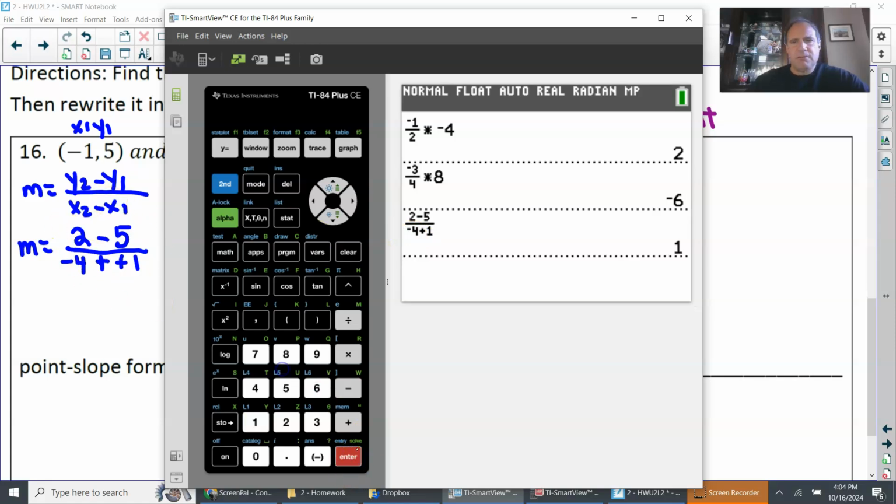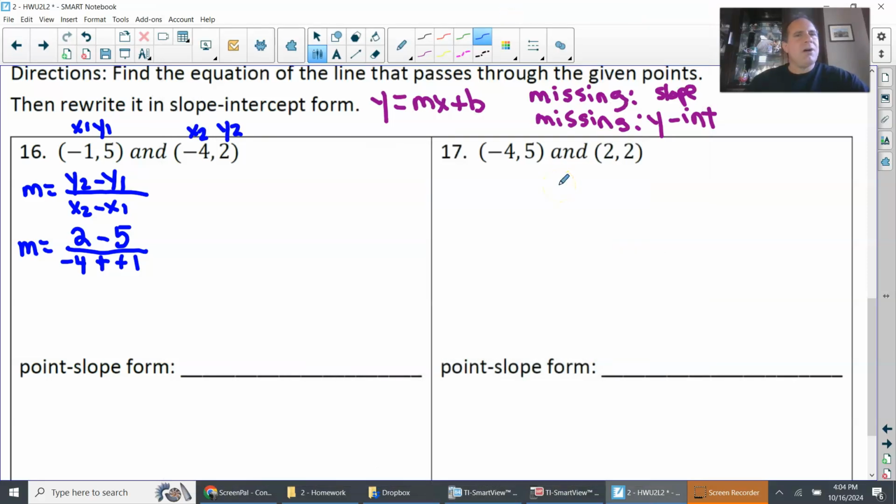I press enter, and guess what? It's 1. How did it get to 1? We don't know. Doesn't matter. Because you put it directly into the calculator, it is not going to give you the wrong answer if you put it in correctly. 2 minus 5, negative 4 plus 1. Let the calculator do it. It's 1.